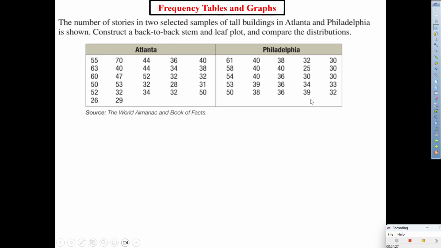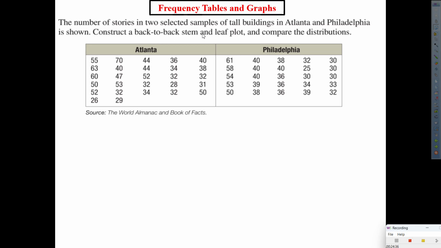So, last one. Look up. There's another one, also called stem and leaf, but when they ask us to sketch this back to back when you compare 2 different data sets, look up. To set one up like this for Atlanta and Philadelphia: the number of stories in 2 selected samples of tall buildings in Atlanta and Philadelphia is shown.